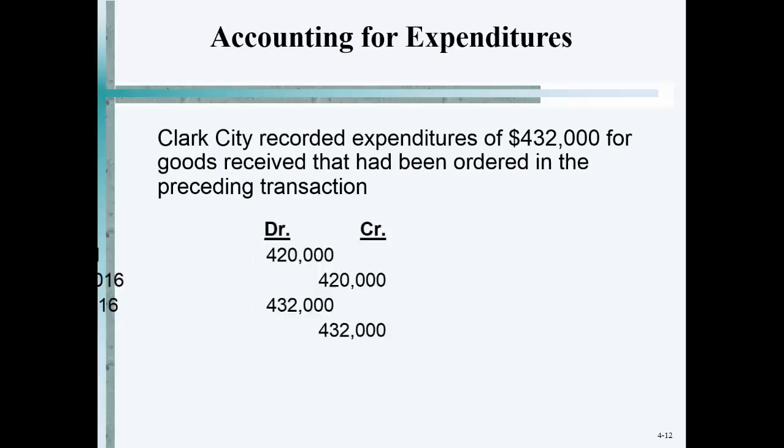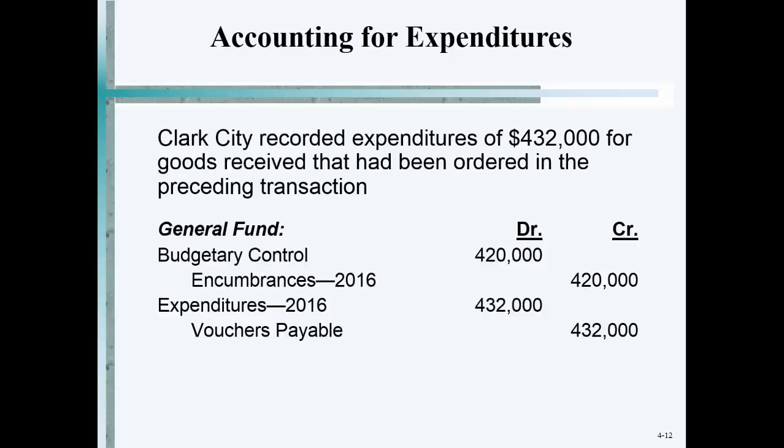Then what happens? When the goods come in, we debit the budgetary control, credit the encumbrance for the original amount. That essentially wipes out that encumbrance entry, doesn't it? Closes it out, and then we debit expenditure, credit voucher payable for the actual amount, don't we? And as long as it's in the ballpark against our budget, we should be okay, right? Okay, good.